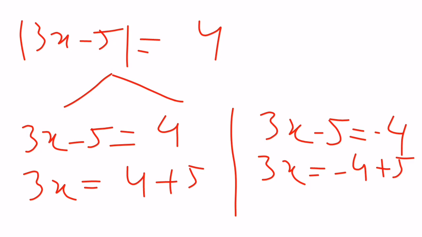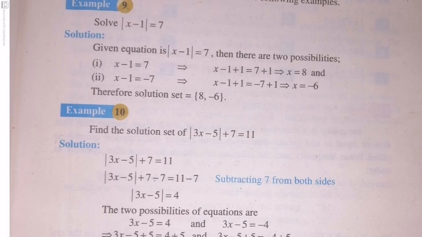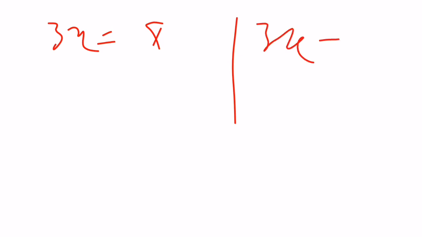So this becomes 3x is equal to 1, and here 3x is equal to 9. So the solution becomes 3x is equal to 9 and on the other side 3x is equal to 1.